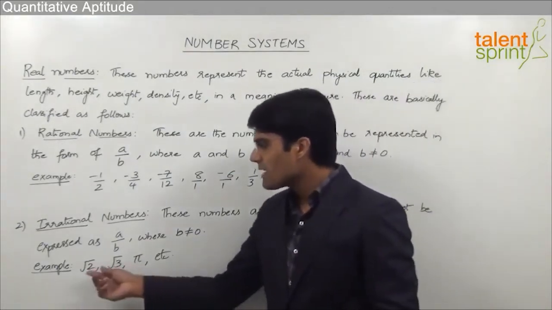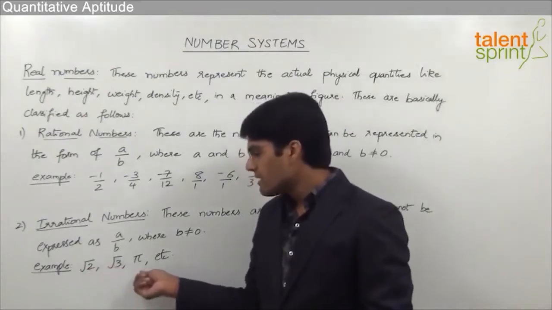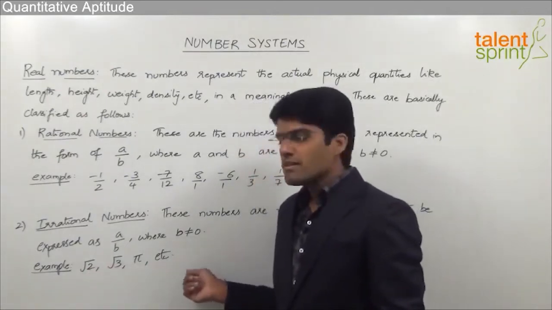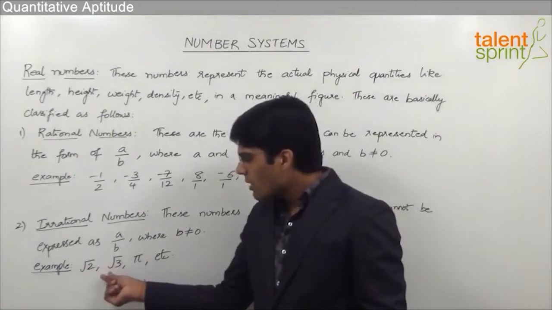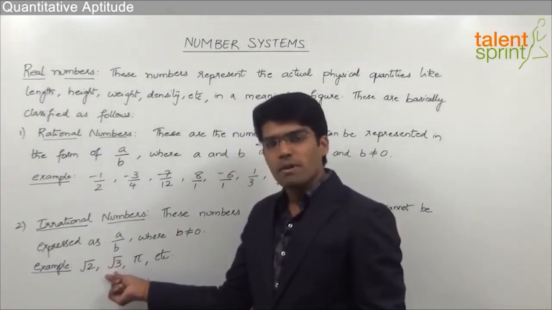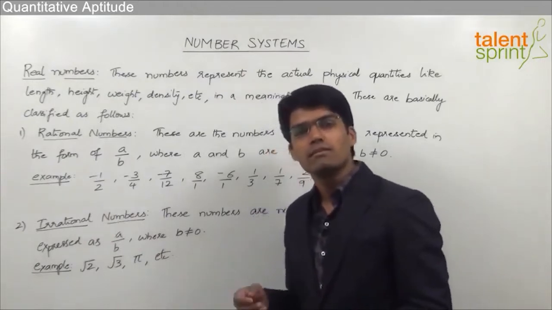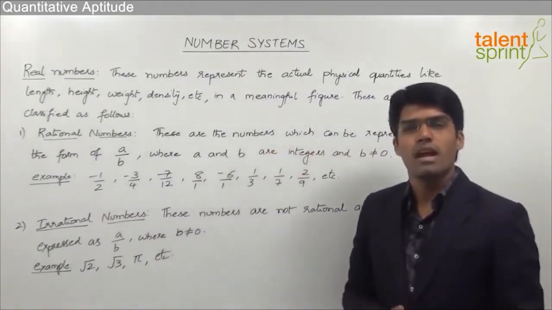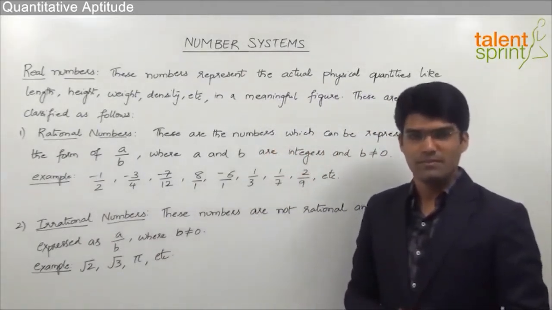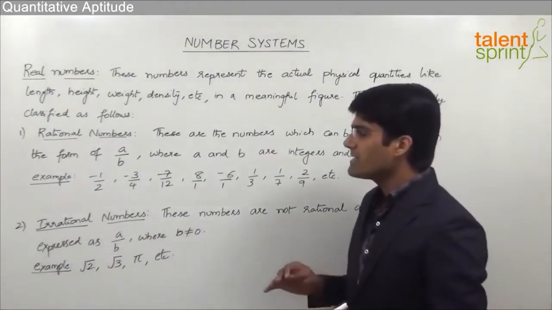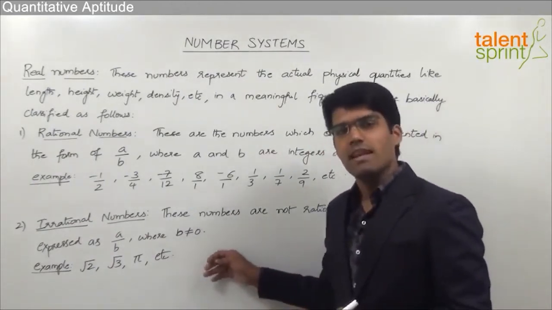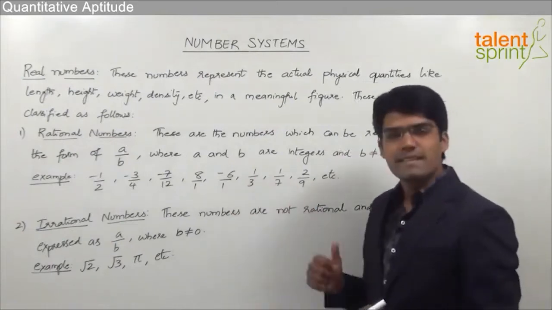And some examples here are root 2, root 3, pi, etc. Right? So from this we can understand that all the square roots of imperfect squares come under irrational numbers. For example, root 5, root 7, root 8, all these form a part of irrational numbers. Let us understand what is the actual difference between rational and irrational numbers with the help of these examples.